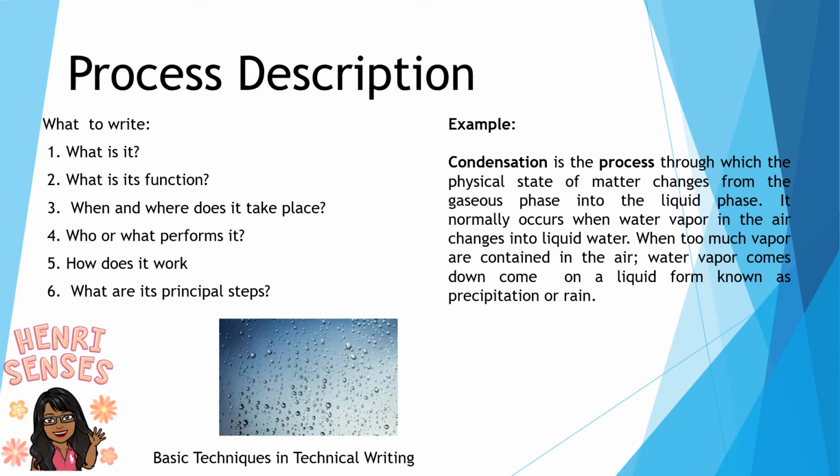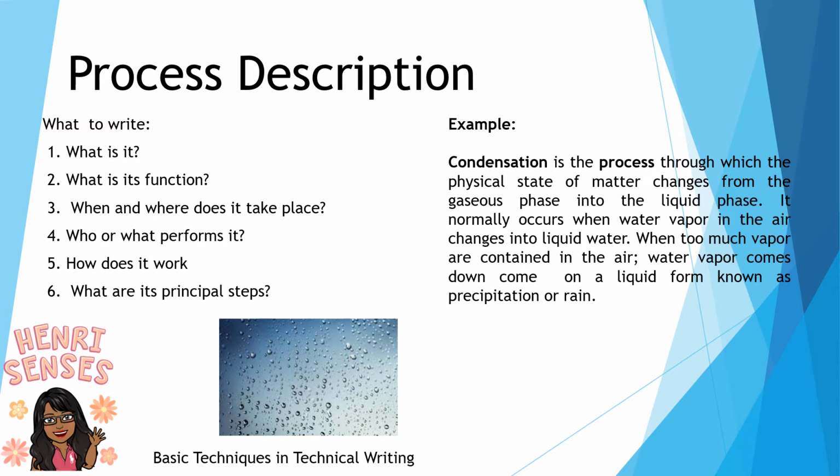This time, I want us to talk about condensation. What is condensation? The description written here about condensation is as follows. Condensation is the process through which the physical state of matter changes from gaseous phase into the liquid phase.